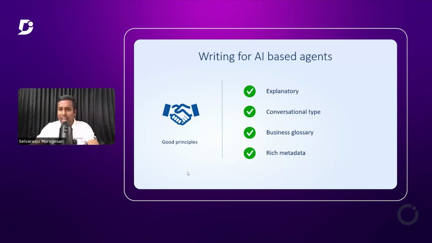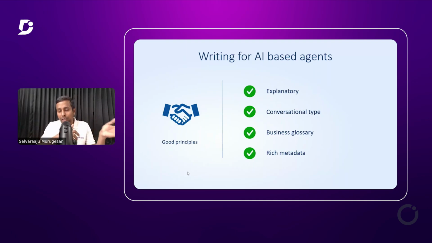But if you write for AI, it's very different. AI systems are text-hungry applications. The more text you give, the more they love it, and they also have conversation. You have to write in a very conversational way, the way a human or a chatbot would interact with the documentation. And most importantly, the consistency of business terms is extremely important.